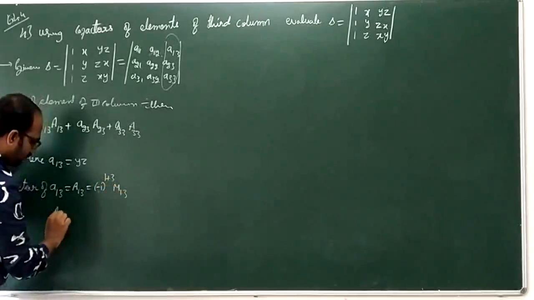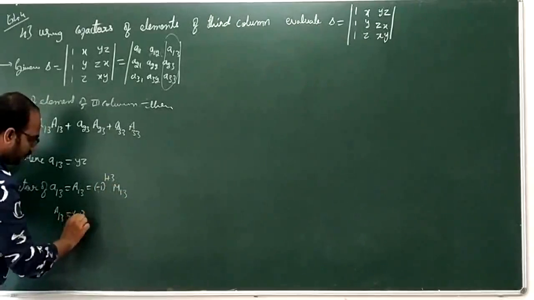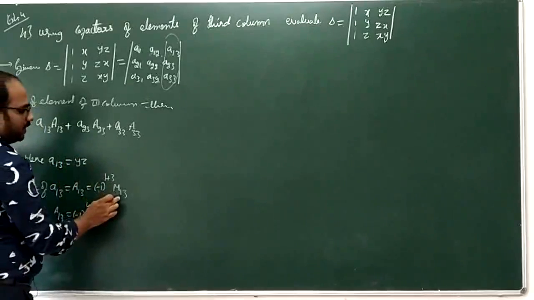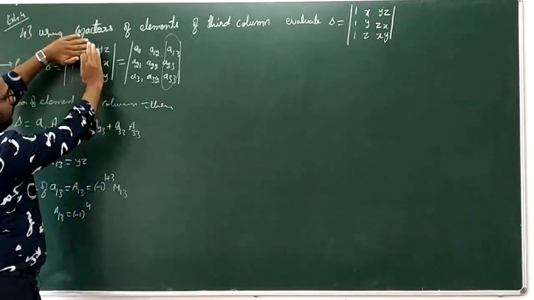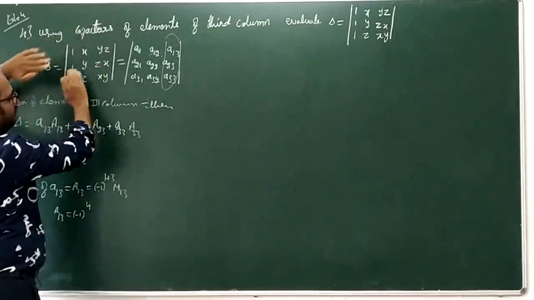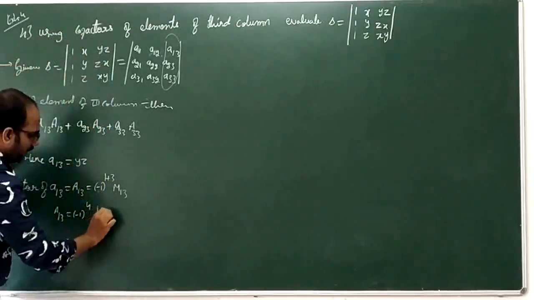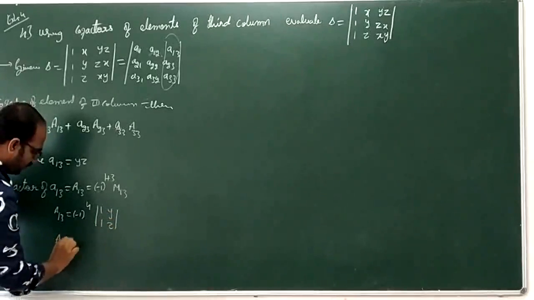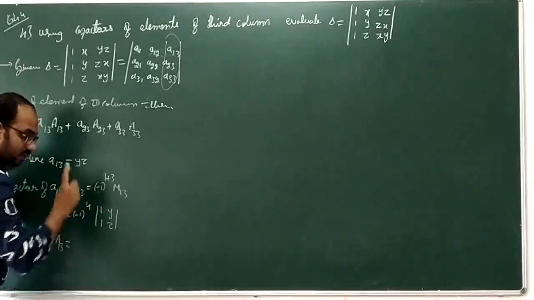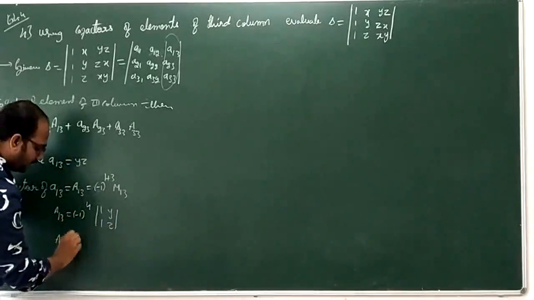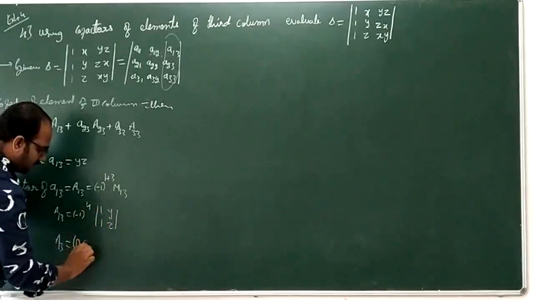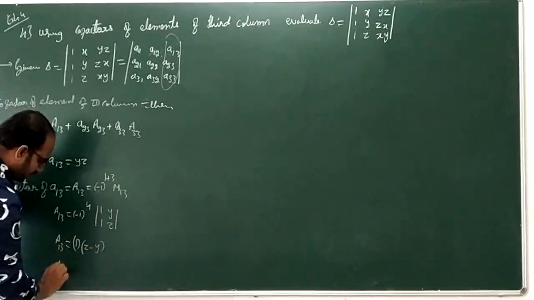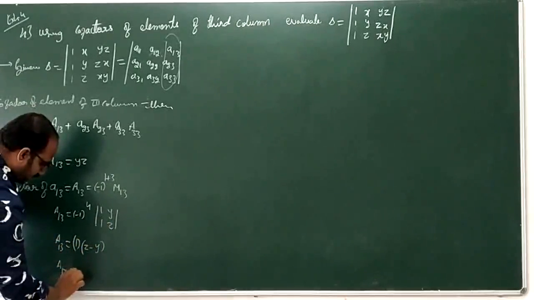So the cofactor of 13 is minus 1 to the power of 4, which is plus 1, into the minor, so 1 into z minus y. Therefore the cofactor of a13 is z minus y.